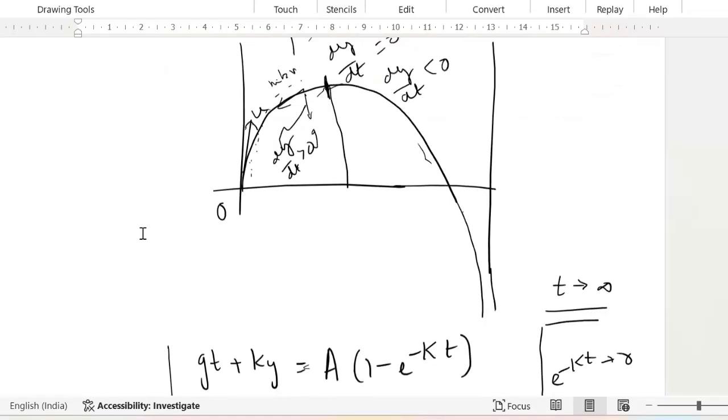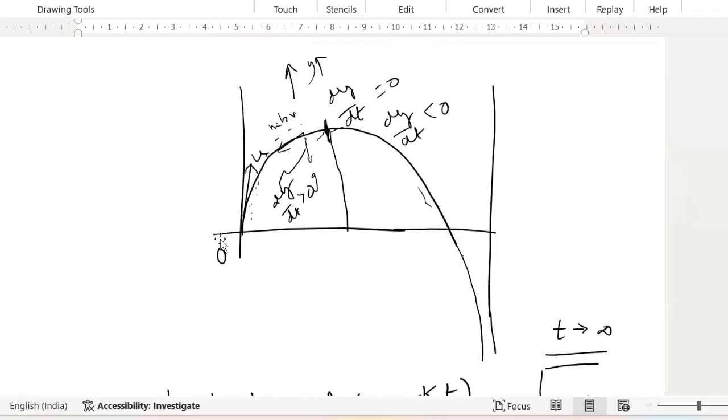Now the thing is, how long will it continue? I can see the x part, the dx dt part, will vanish. It becomes 0. But the dy dt part goes on decreasing. That means my curve is having an asymptote here. This line is nothing but minus g by k.